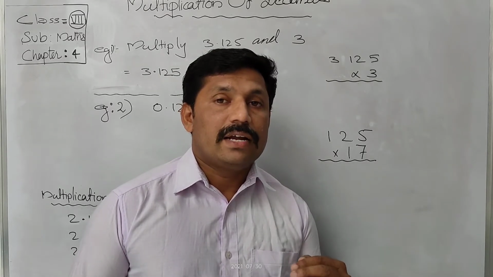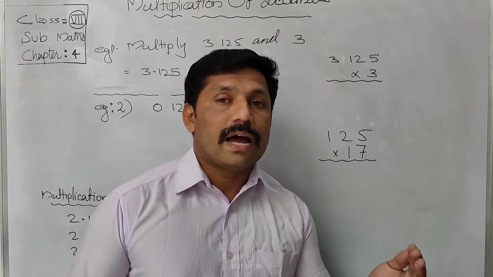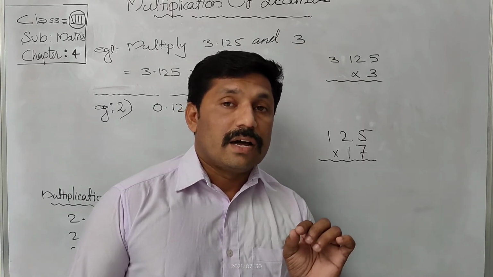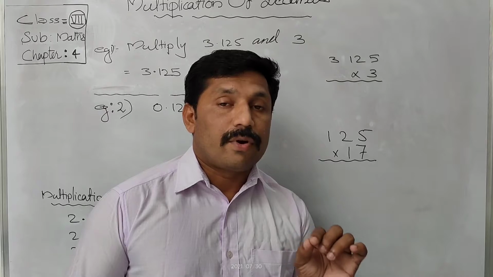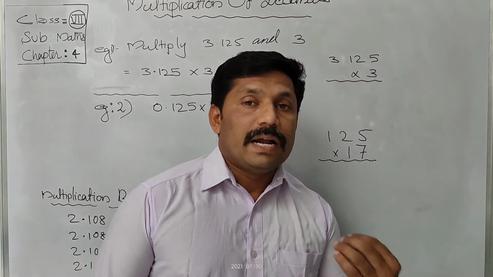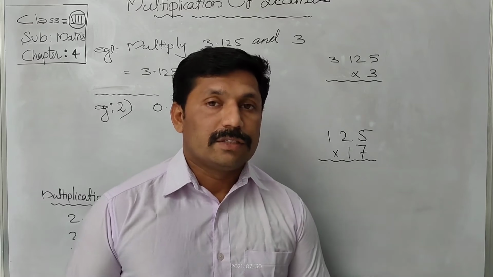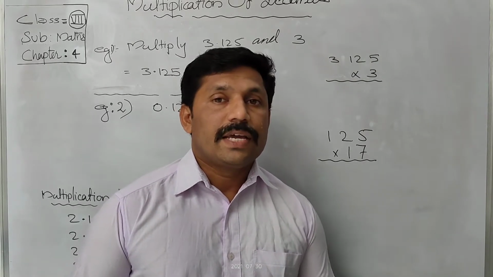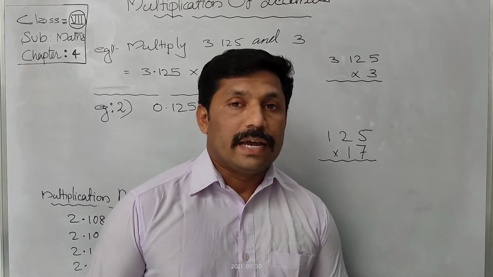That means we add the decimal places of the multiplier and multiplicand, and the number of decimal places in the product depends upon that sum. So this is the method of multiplying two decimal numbers, which we can make clear with the help of an example.